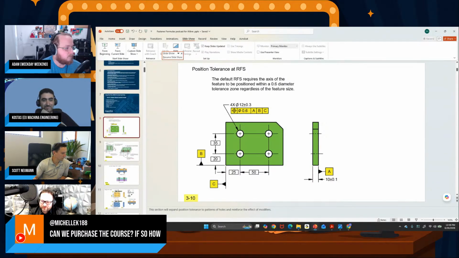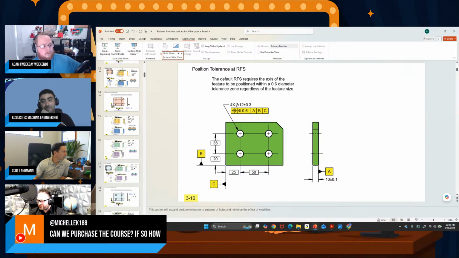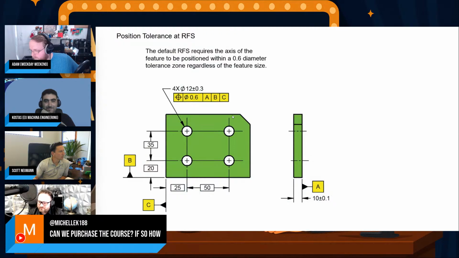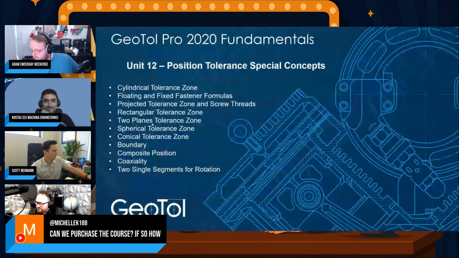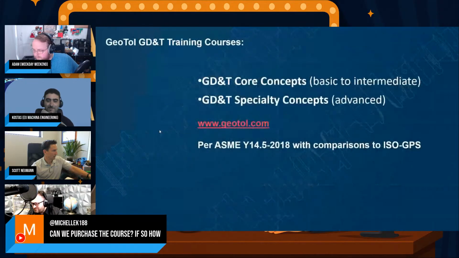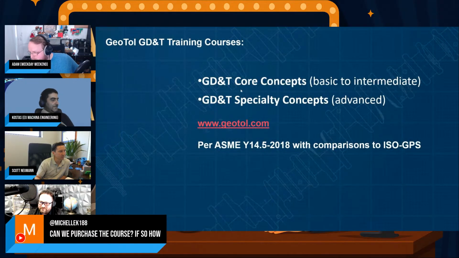So yes, can we purchase the course? If so, how? That's probably an important one to cover if that hasn't been answered already. Yeah, both of these courses can be found on our website, geotol.com.